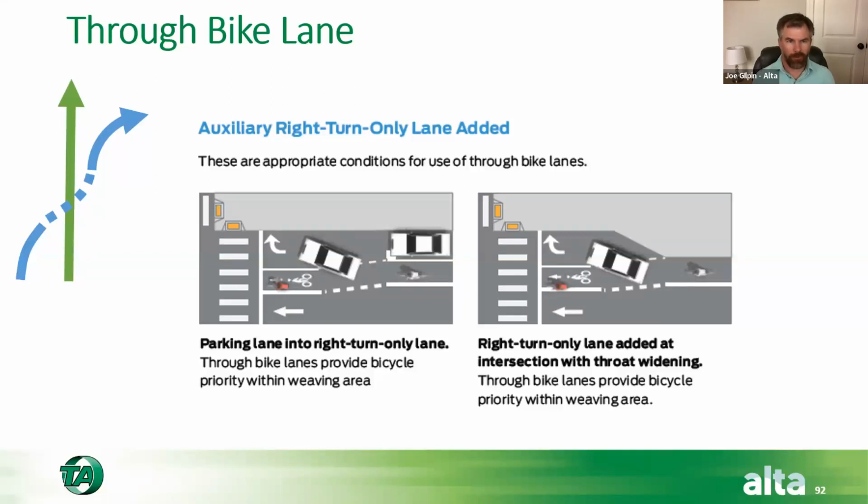There is a conflict point, there's this crossover. The way that we design this, it can be done well, it can be done not as well in certain cases, but typically this is, I wouldn't call it the gold standard, but this is the design that most of us aspire to based on what the MUTCD and AASHTO say.